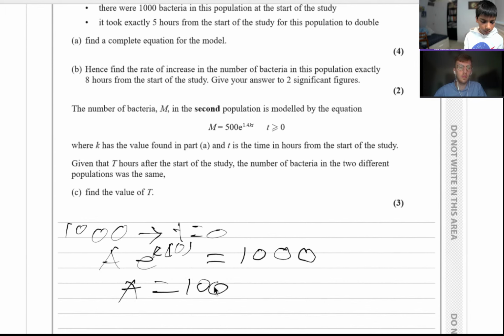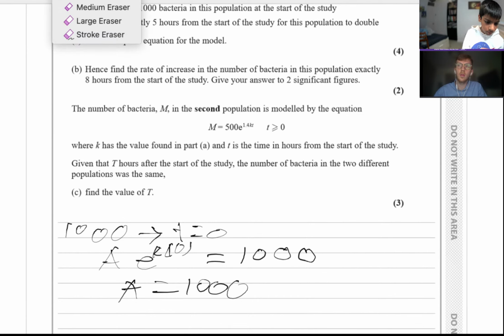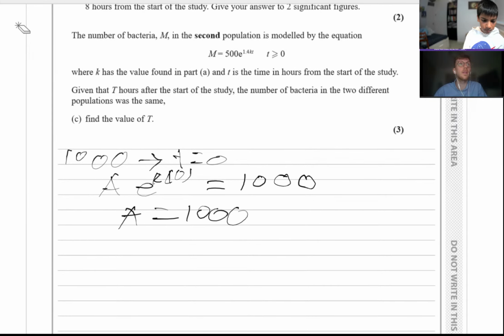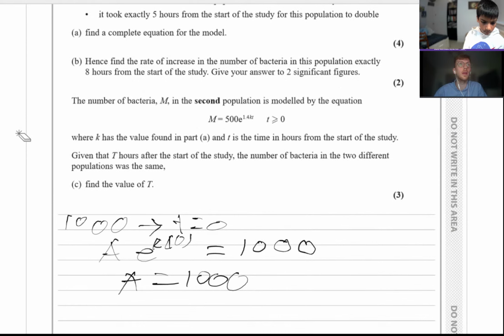So A is 1,000. Another way you can show that A is 1,000 is that A is always the initial population. When it's A e to the power of something, A is always that initial population. Obviously, it would change if we had a plus something on the end. But in this case, A is 1,000.